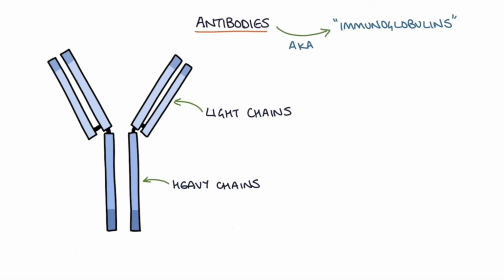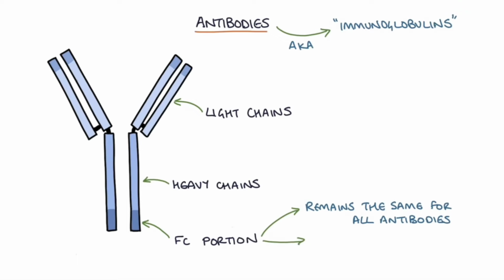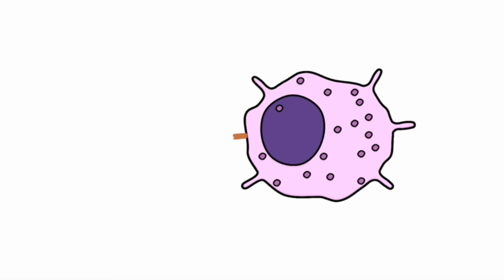The bottom of the Y contains something called the Fc portion, and this remains the same amongst all antibodies. And this is the portion that's used for binding to the cells of the immune system so that they can recognize the antibody and carry out their function. The cells of the immune system have an Fc receptor that binds to the Fc portion of the antibody.